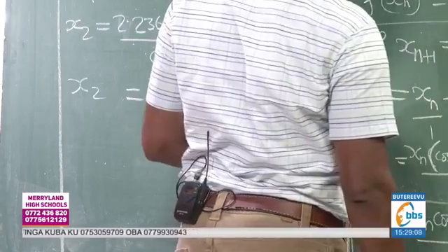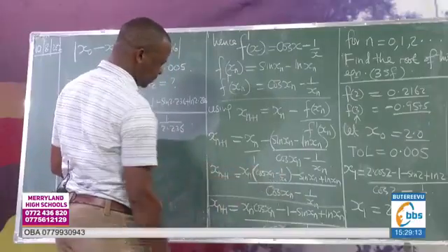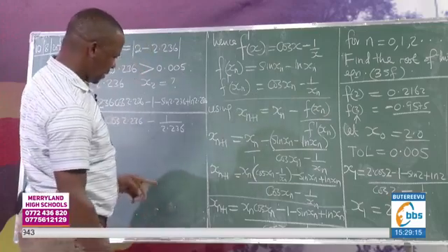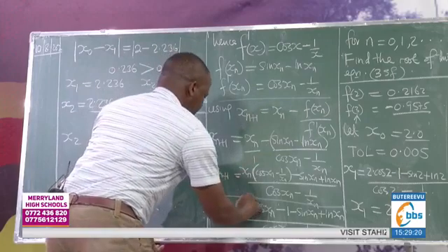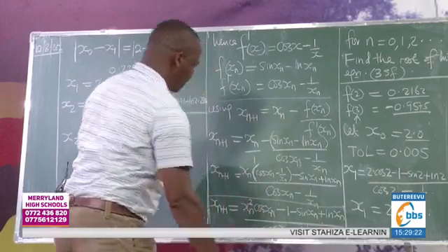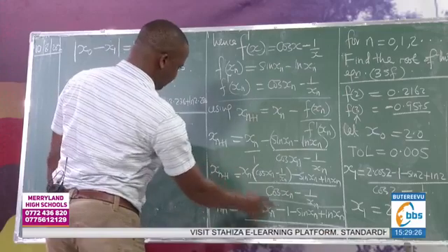There is something I'm noticing here in our multiplication that should have been corrected. In our final expression, this should have been squared, since this was taken as 1.